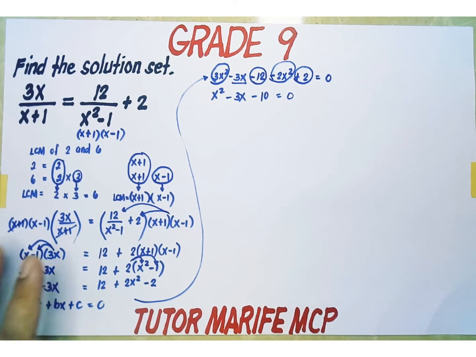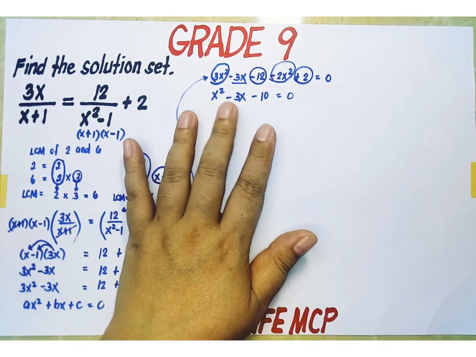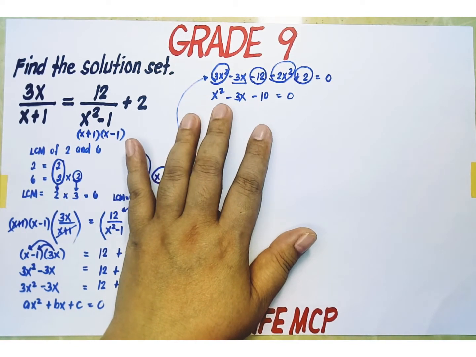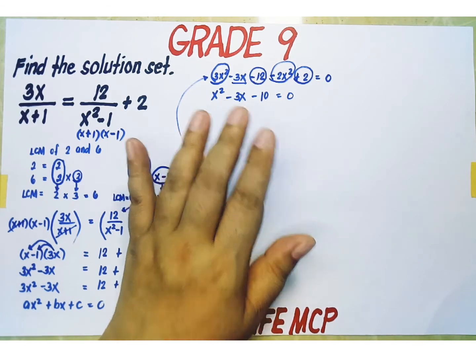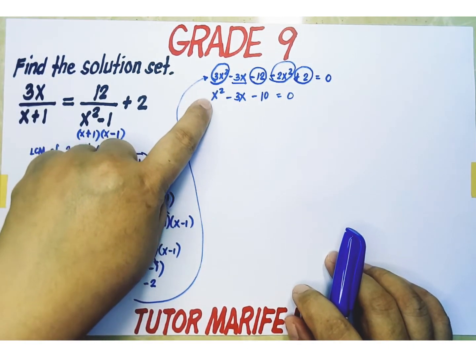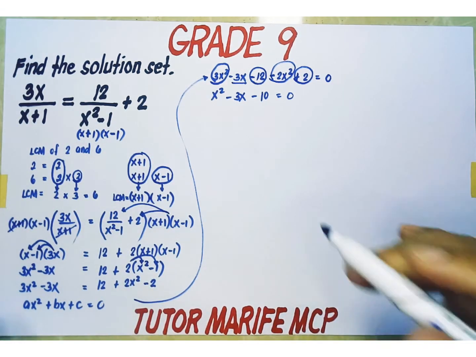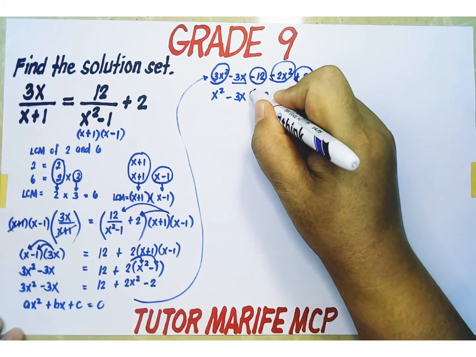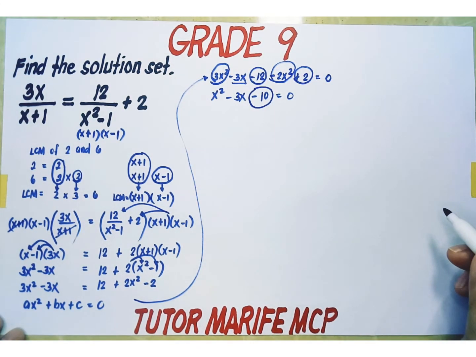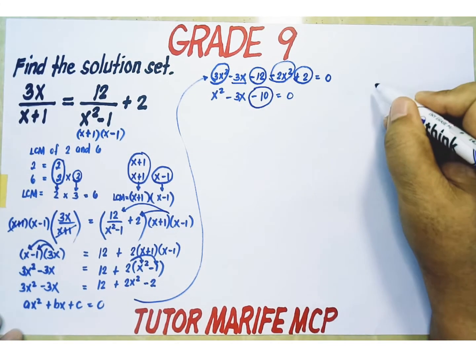Okay? So since this is a very simple quadratic equation, we can use the factoring method to solve for the values of x. Okay, so since our new leading coefficient is 1, ito lang ang concern natin, itong constant term ng ating quadratic equation. We have negative 10.